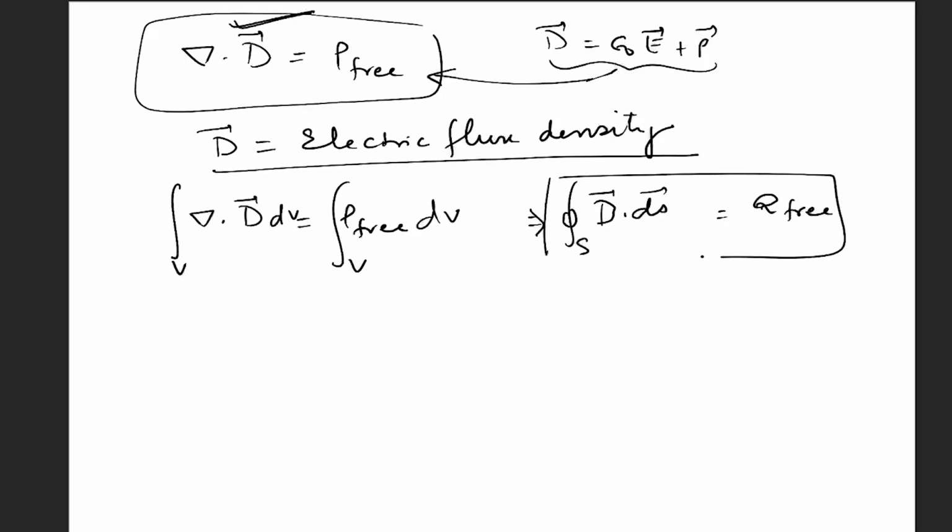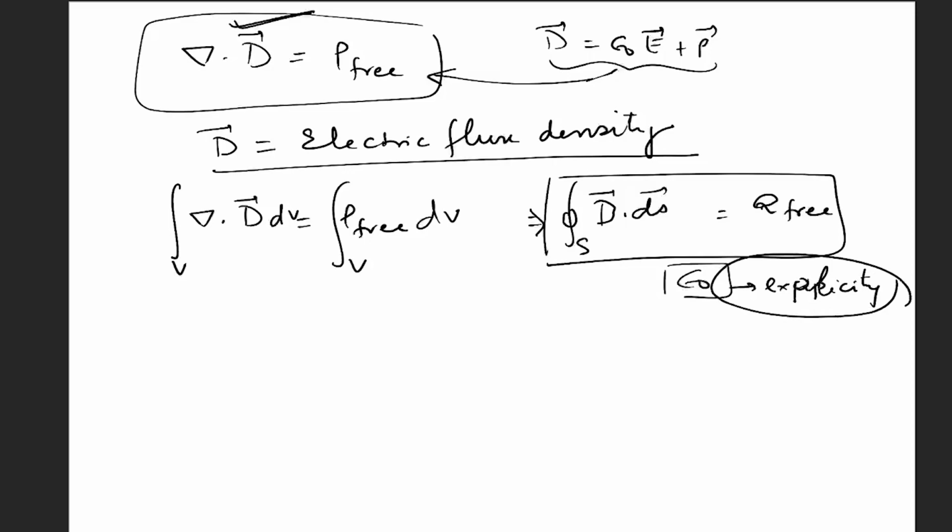So you see, in this equation epsilon naught is not going to come explicitly. It is already considered inside the definition of the electric flux density. So this is a very good equation whenever we are considering a dielectric, since we now need not bother about the polarization.